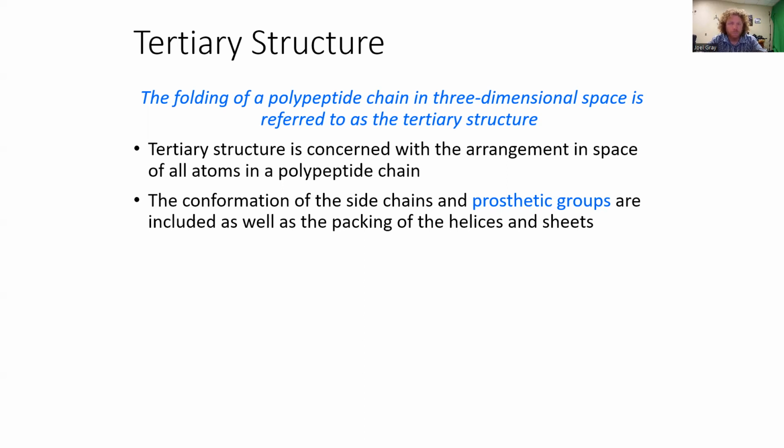A prosthetic group in protein terminology is more or less the same thing. It's a chemical modification or chemical group that is associated with a protein's structure. Your protein structure is just the polypeptide chain, all of the amino acids. A prosthetic group would be something that is not necessarily amino acids and is added to that protein after it's been produced.